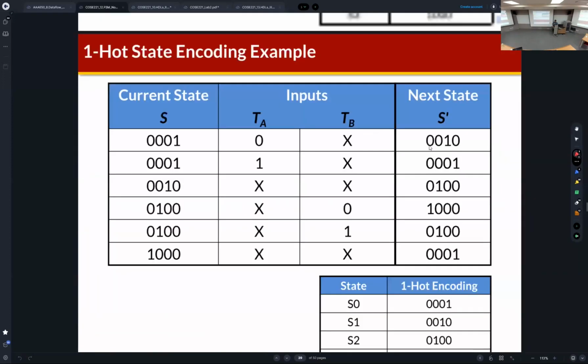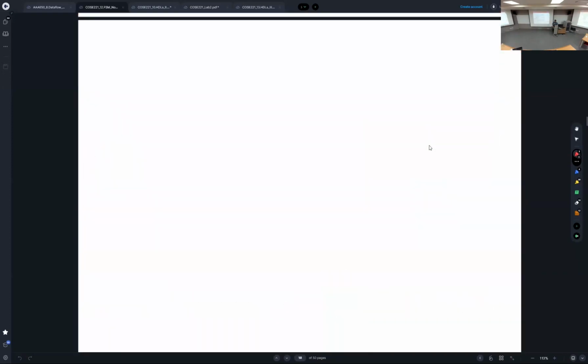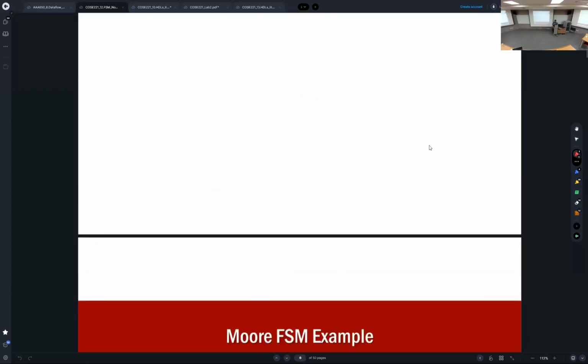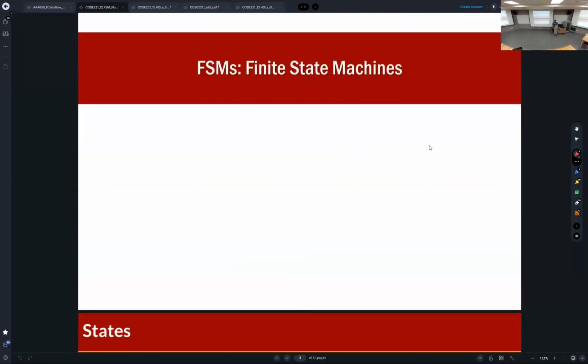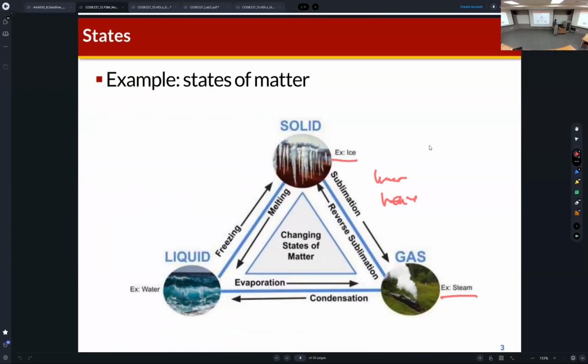In the previous lecture, we learned about the finite state machine. I mentioned that we use a finite state machine to define different states, and then the different states will generate different kinds of output. So this is an example of a state machine in the real world. Another example is your smartphone operating state.